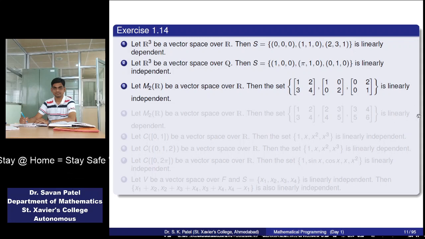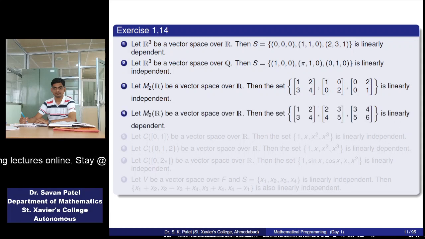Similarly, 1 0 0 2 in one row and 0 2 0 1 in one row, and then you know how to prove that this set is linearly independent. Again, if you cannot do that, we will discuss in the discussion forum.